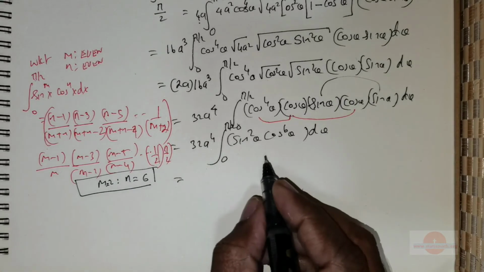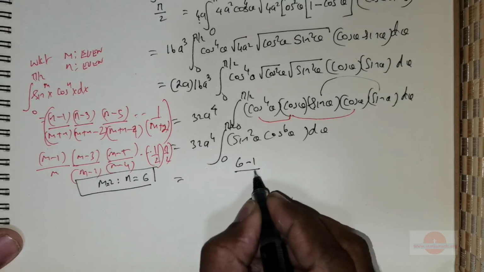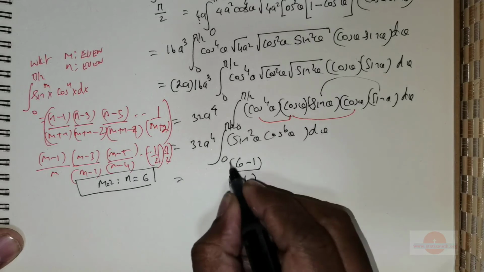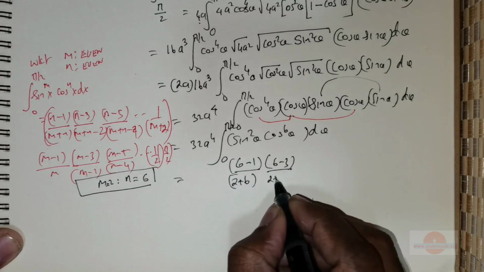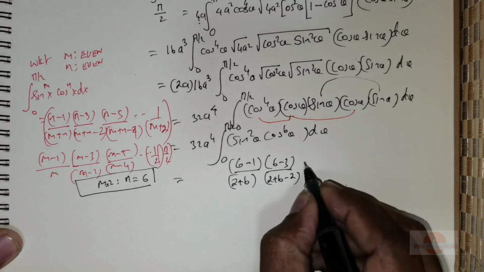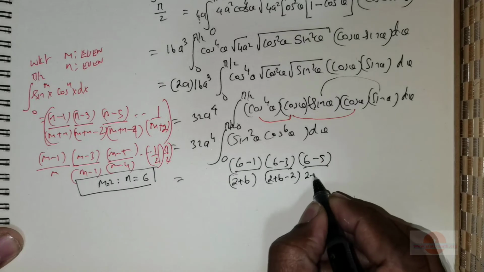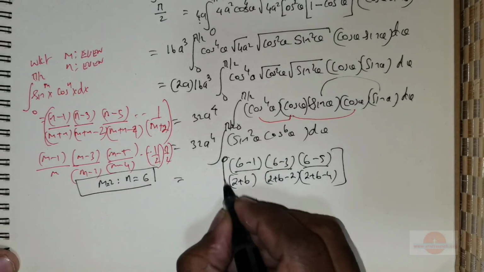So I'm going to apply, starting with 6 minus 1 divided by 2 plus 6, times 6 minus 3 divided by 2 plus 6 minus 2, 6 minus 5 divided by 2 plus 6 minus 4. I can't go further, I have to stop here.